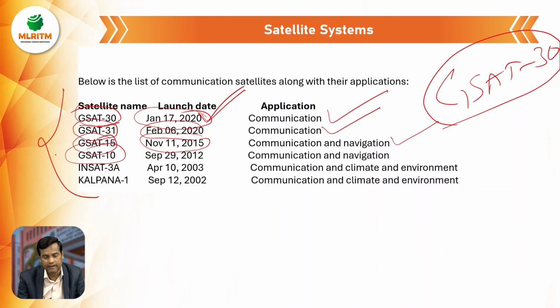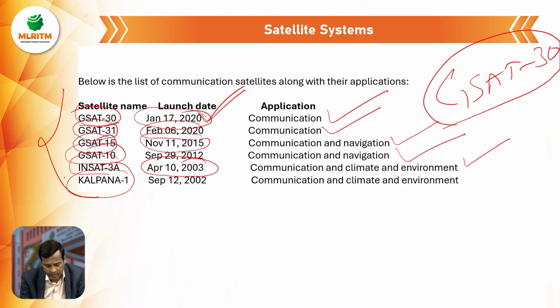Then GSAT 10 was launched on September 12, 2012, for communication and navigation purpose. And next one is INSAT 3A, the Indian National Satellite, launched on April 10, 2003, for communication, climate and environment.